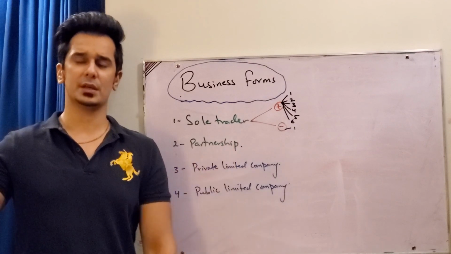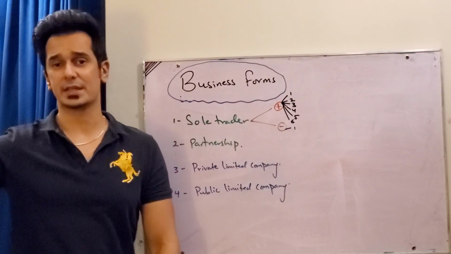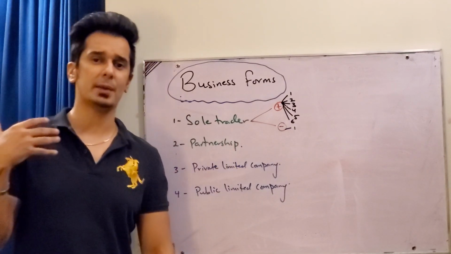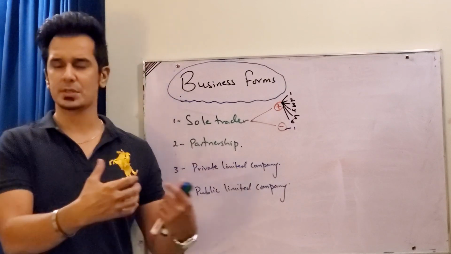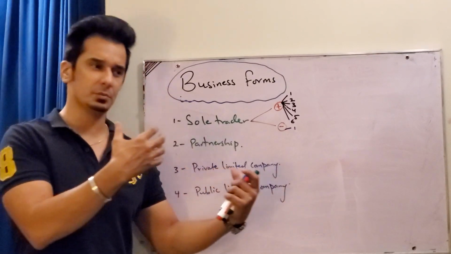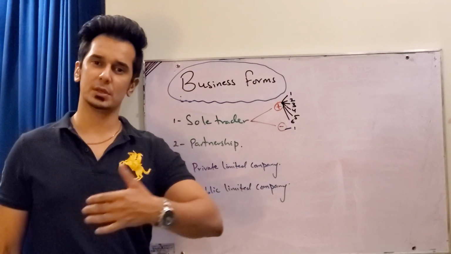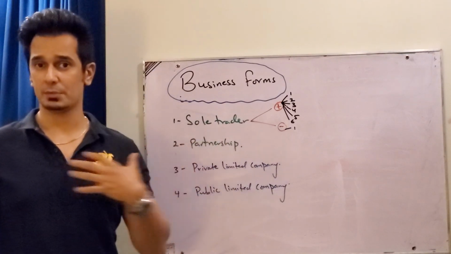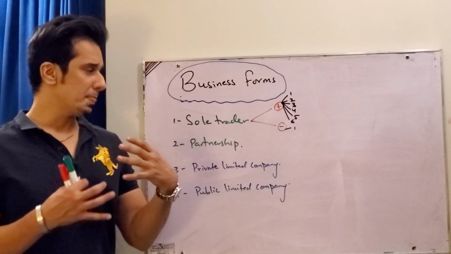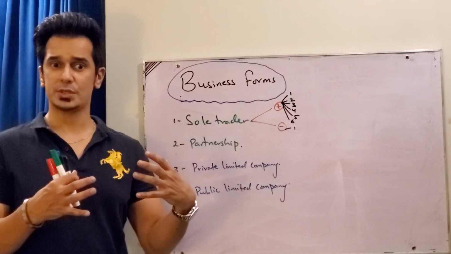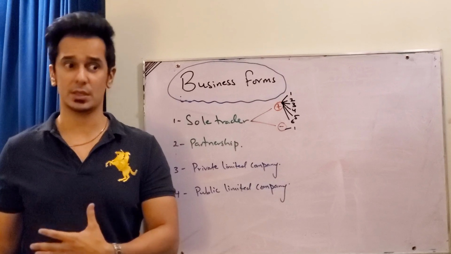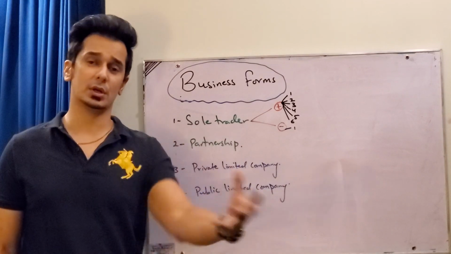For instance, if someone files a case against me, let's suppose I'm sued, maybe my business was not performing well, or maybe one of the customers got injured and prosecuted my business, I might have to sell my personal belongings in order to compensate his or her loss.